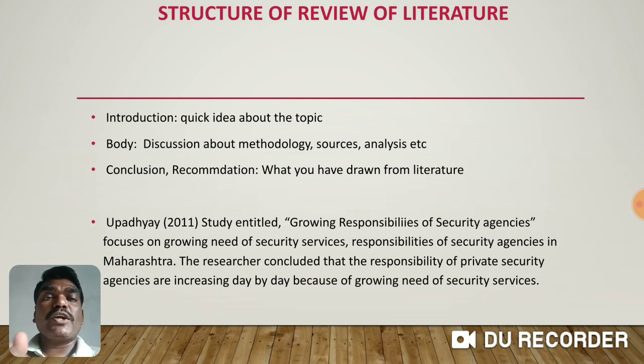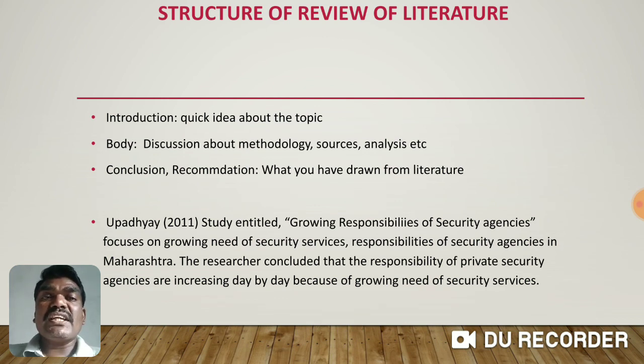Second point, that is the body. It is the main theme of the literature review. It is the discussion about methodology, sources, analysis, whatever tools and techniques were used by the researcher, or whatever analysis or discussion has been made. That is to be written in the body of the literature. And the last one is conclusion and recommendation.